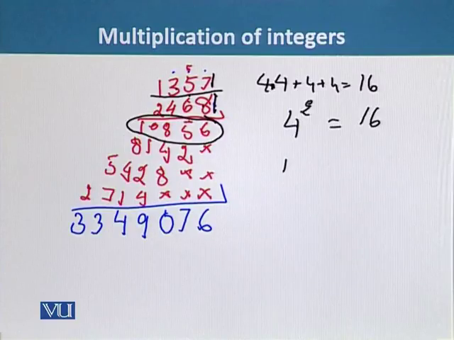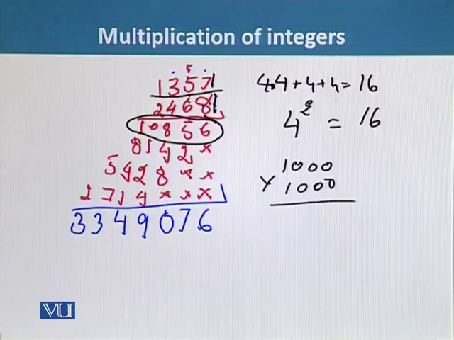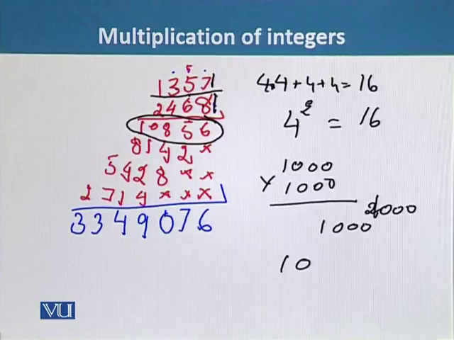So if we have a 1000-digit figure and we multiply it with a 1000-digit figure, then we have to perform that many steps, 1000 raised to power 2. So the figure will be very much higher.